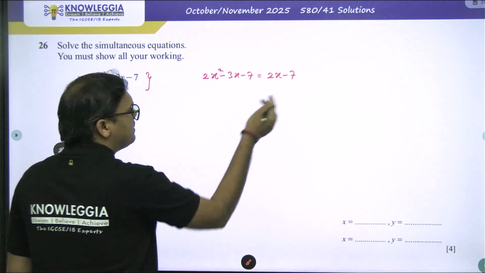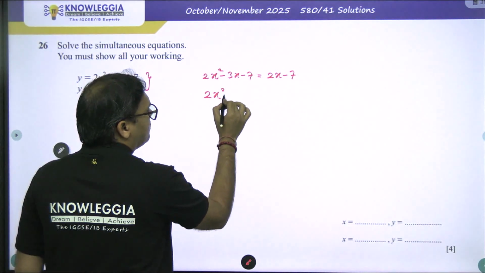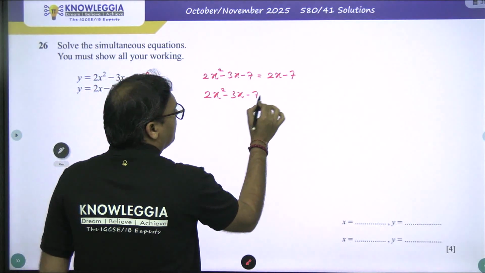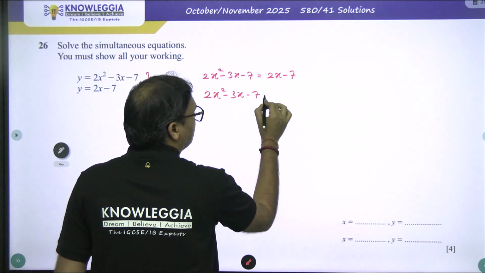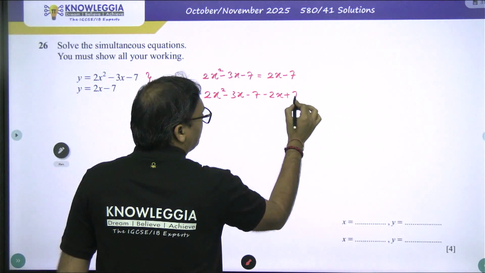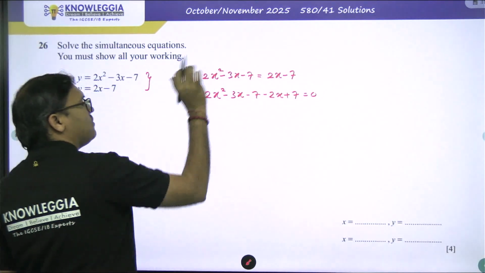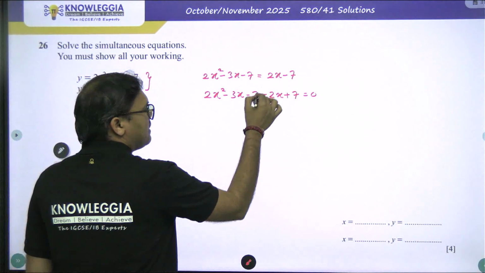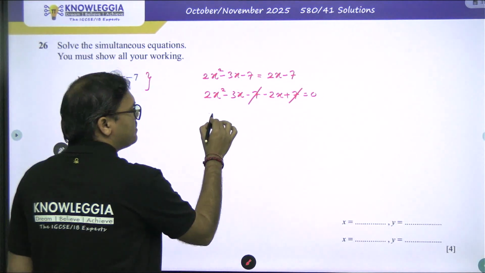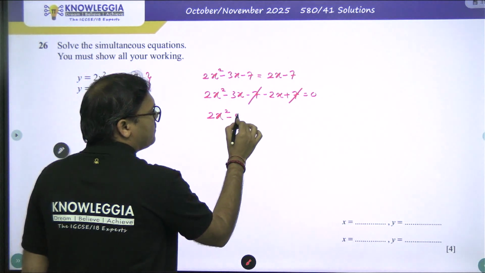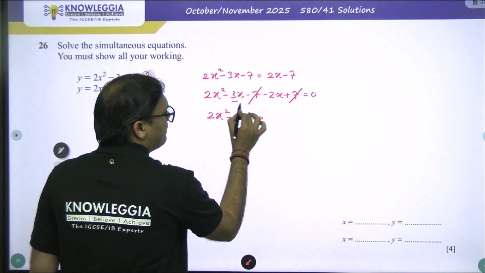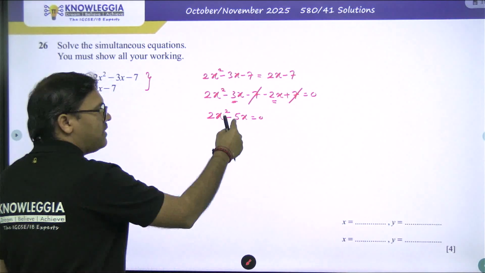Now let's arrange the terms. This is 2x squared minus 3x minus 7 minus 2x plus 7 equal to 0, taking all the terms on one side. Now you can see this 7 and 7 cancel. So what is this? 2x squared minus 5x equal to 0. Negative 3x, negative 2x will be negative 5x.